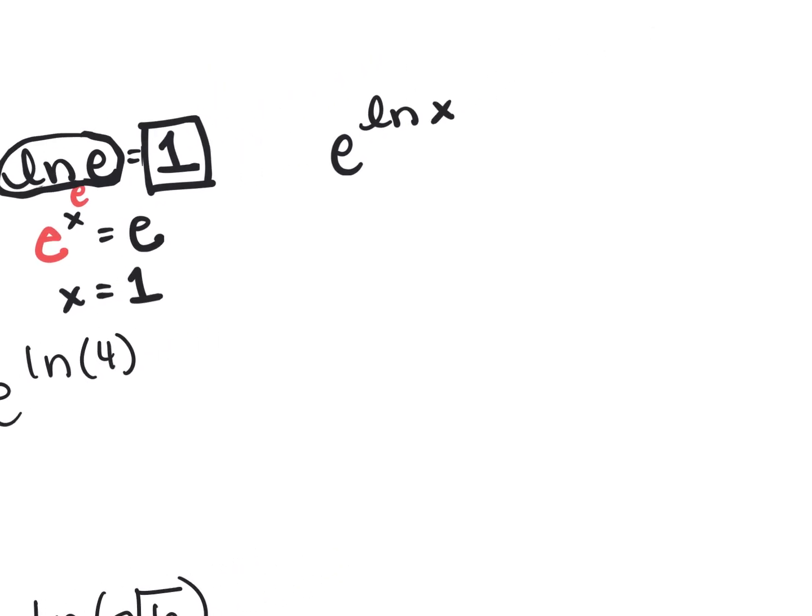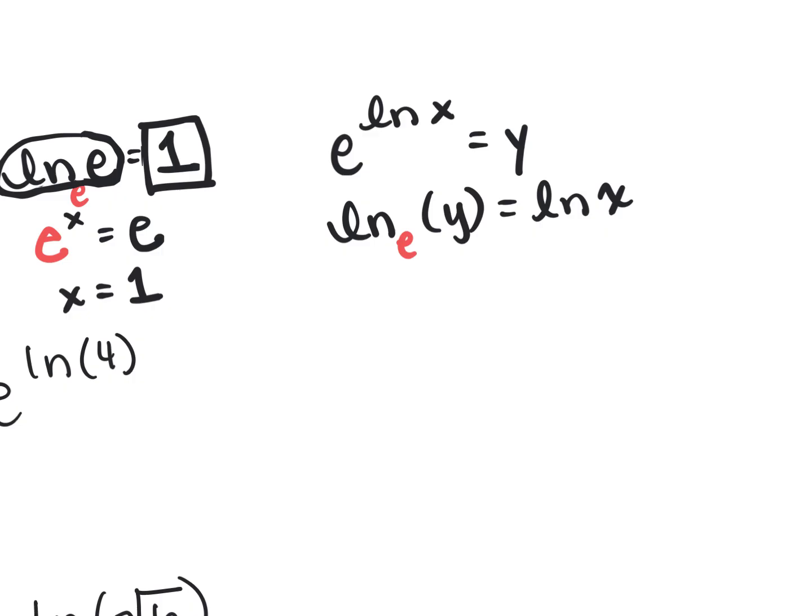So anytime I have e to the natural log of x, I'm going to set this equal to some variable, let's call it y. So this is exponential, and I'm making it back into logarithmic. So if I have this big base e, then it becomes baby base e right here that we don't write. The exponent goes to the other side of the equation, and then the y is left to go here.